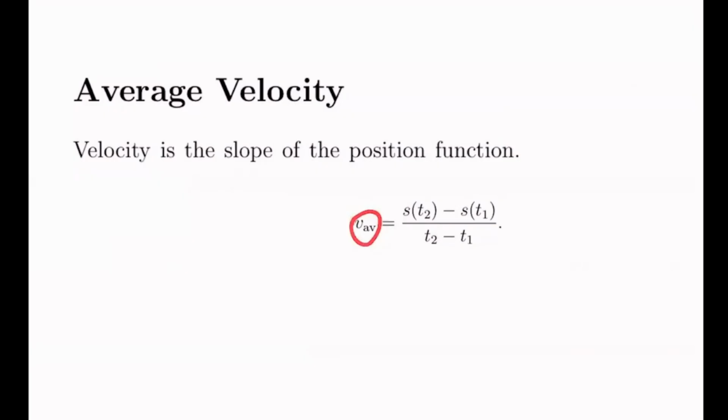Average velocity is s of t2 minus s of t1 over t2 minus t1. This is nothing more than the slope of a secant line between 2 points, t1, s of t1, and t2, s of t2, right?